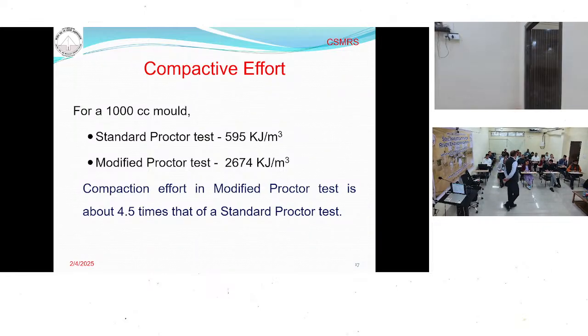Calculate the pressure coming on the dam according to that, and if you do the slope stability analysis, normally for up to 30 meters, the standard property is good. But if the height is more than 30 meters, then the modified is beneficial.